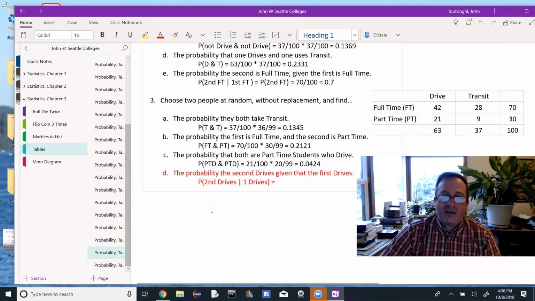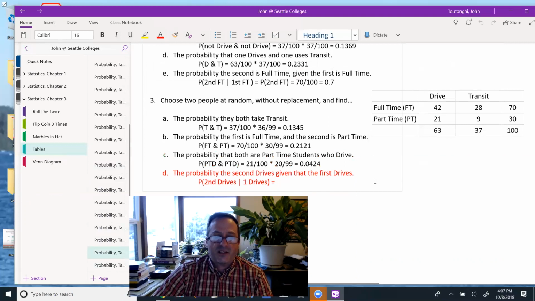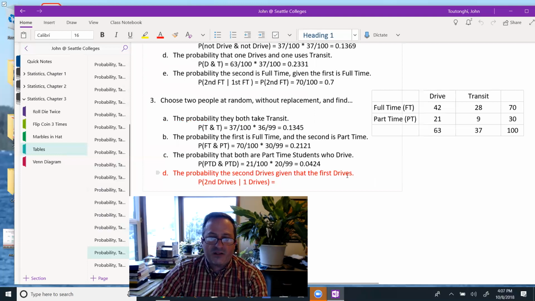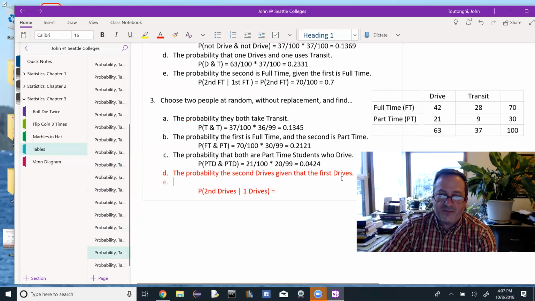Okay, finally, the probability the second one drives given that the first one drives. So this is a conditional probability. And now, because we don't have independence, so why don't we have independence? When you take someone out, you change the totals. So when you take one person away, that affects what the totals are. So here again, I don't think I want to try to use a formula. What I want to try to do is figure out what happens.